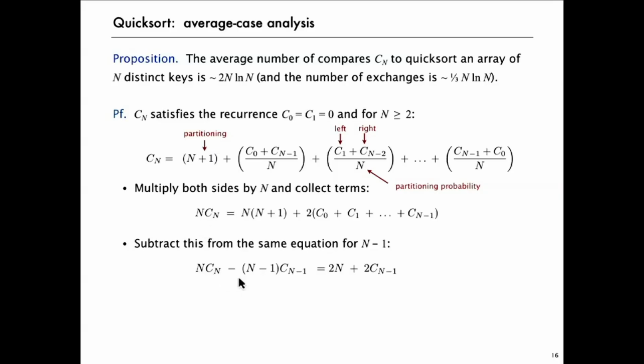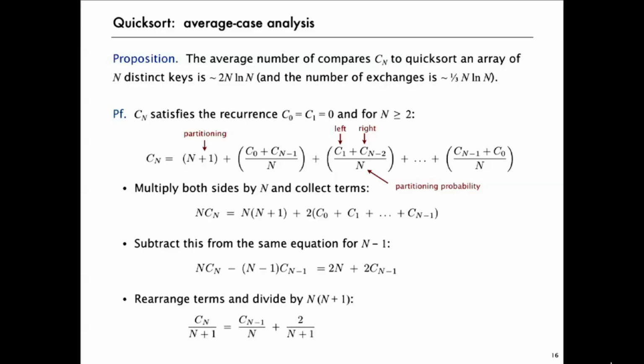So N C_N minus (n minus 1) C_{n-1}, and then n times n plus 1 minus (n minus 1) times n is just 2n, and then the sum collapses, just leaving the last term. This sum minus the same sum for n minus 1 just leaves the 2 C_{n-1}. Now that's looking like a much simpler equation.